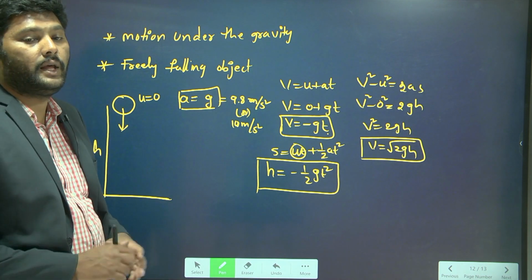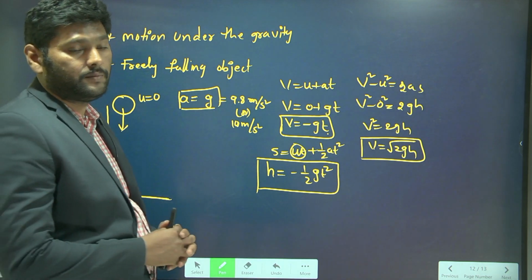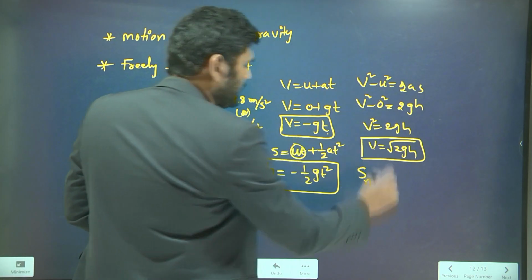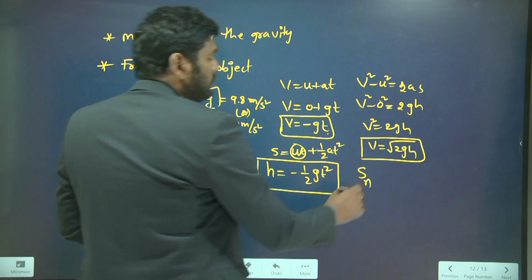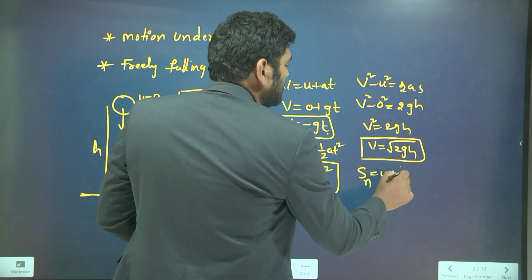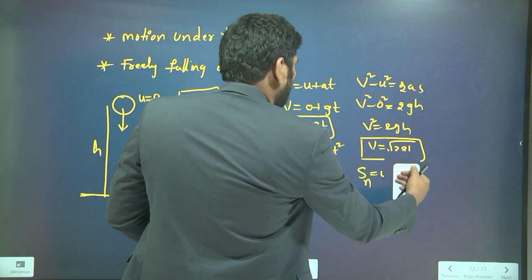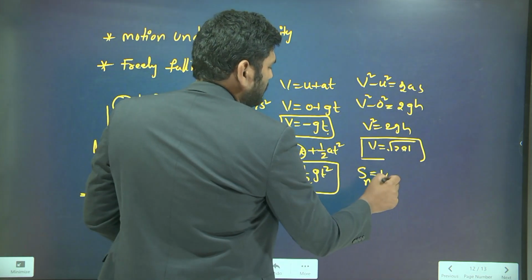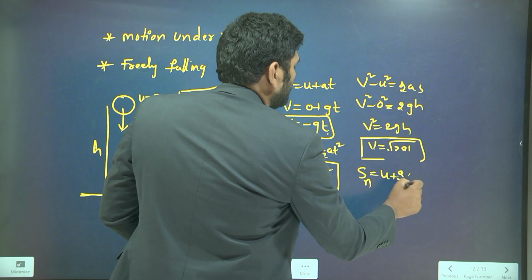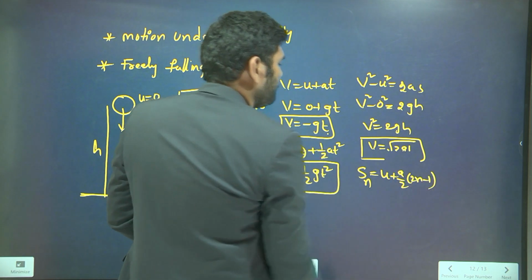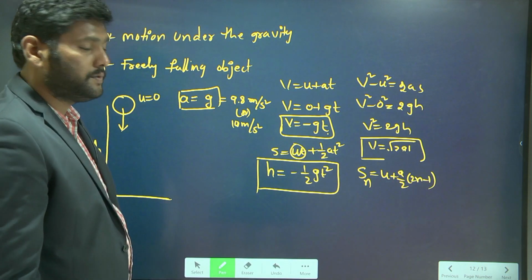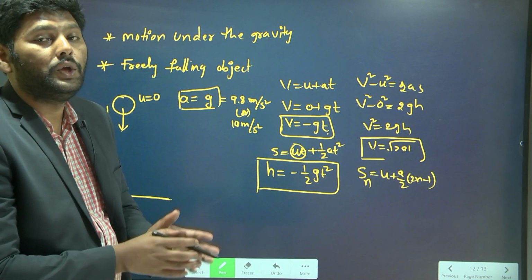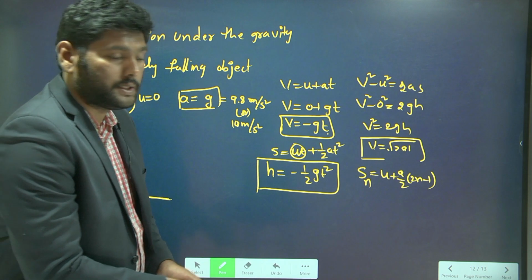In a similar way, where is the fourth equation of motion? The fourth equation of motion: distance travelled in nth second is equal to u plus a by 2 into 2n minus 1. In this situation, you cannot take distance travelled in nth second, you will take height travelled in nth second.